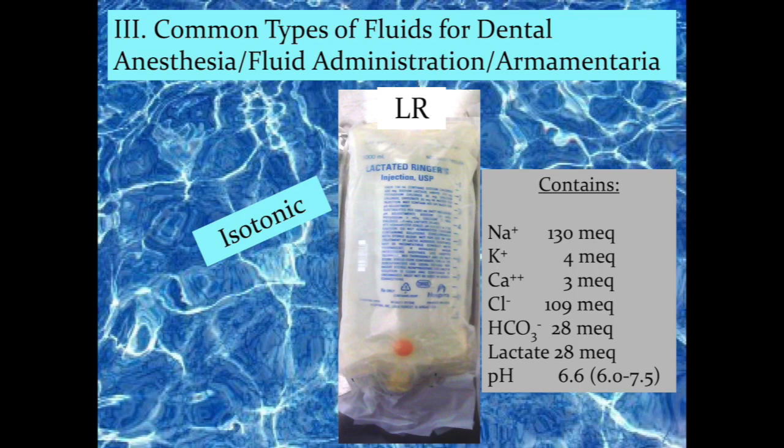This calcium will inhibit the molecules that cause the blood to remain unclotted if we were going to give blood products to a patient. So the calcium will undo that unclotting mechanism. So we don't use lactated ringers when we're giving blood or blood products to a patient because of that calcium.